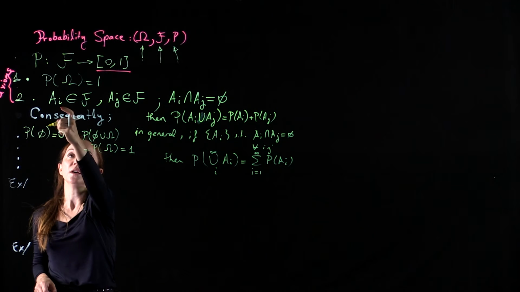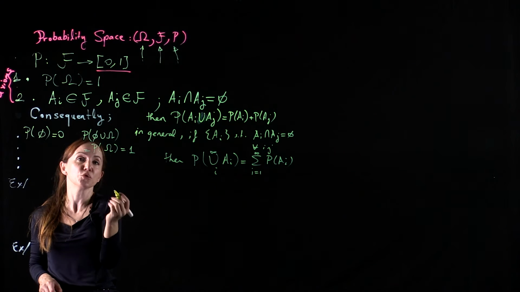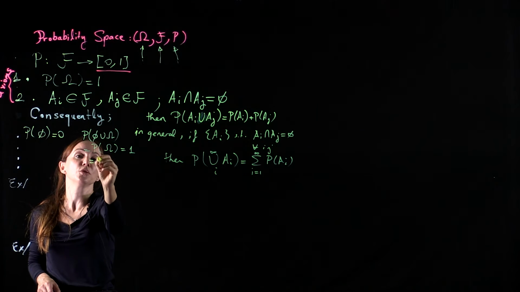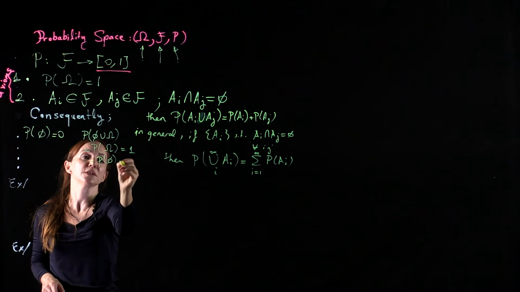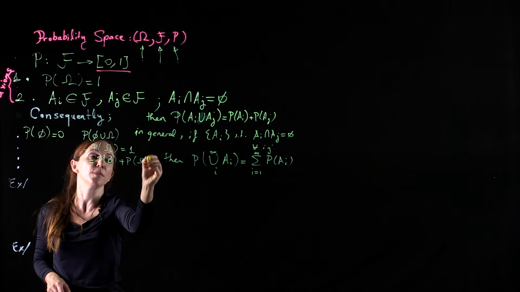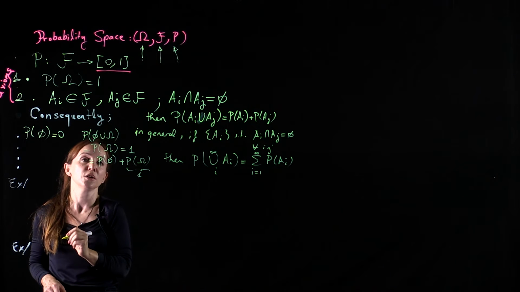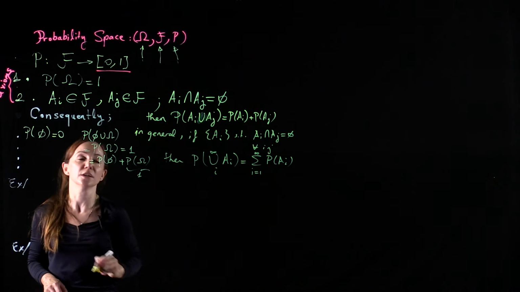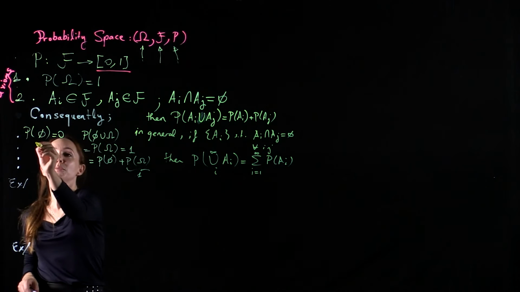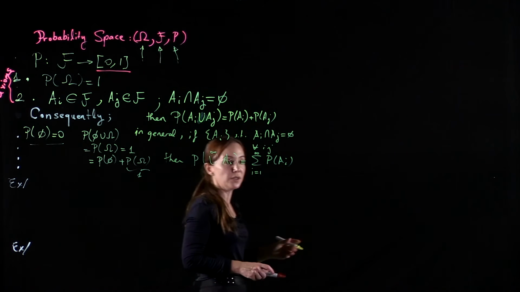But by the additivity axiom, which is axiom 2, this must be equal to the probability of the empty set plus the probability of omega, but that is 1. So from this it follows that the probability of the empty set must be 0.